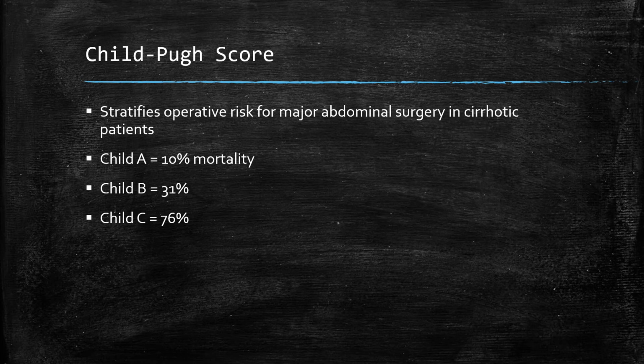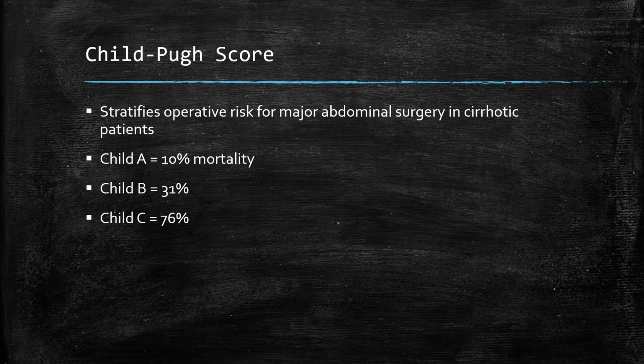The Child-Pugh score is an old system that was developed in 1964. And its initial use case was to guide selection of patients who would benefit from an elective portacaval shunt. We now use it in general surgery to predict operative risk following major abdominal procedures in cirrhotic patients.